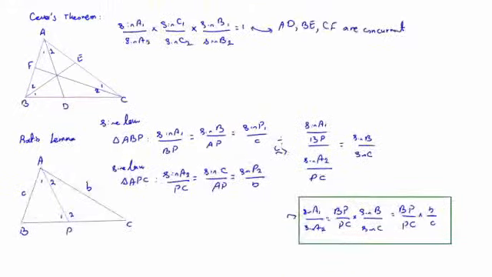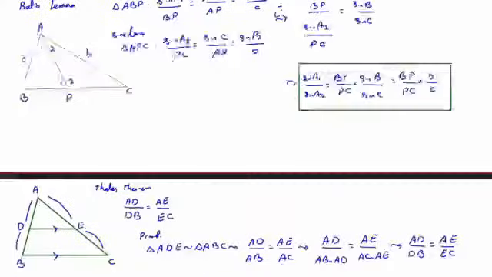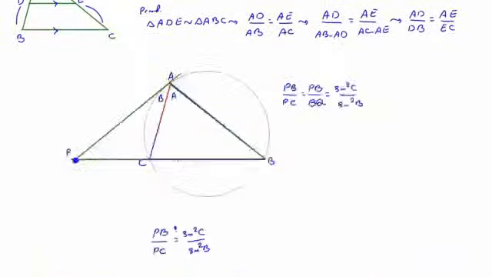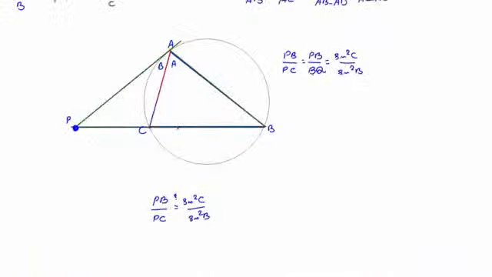I want to use the ratio lemma, okay? A1, A2: we said sine A1 over sine A2 is BP over PC times sine B over sine C, or B over C. I want to use this ratio lemma, but P is outside. Here P is inside, here P is outside. So if I use the ratio lemma, I say okay, P is outside, so this angle over this angle is now our A1, it is our A2.